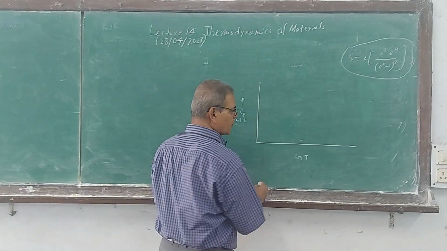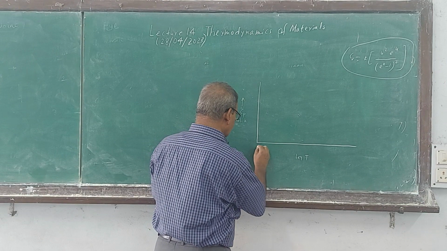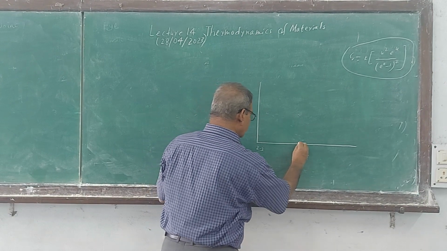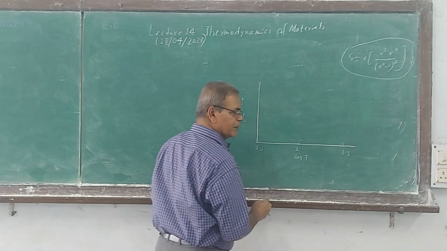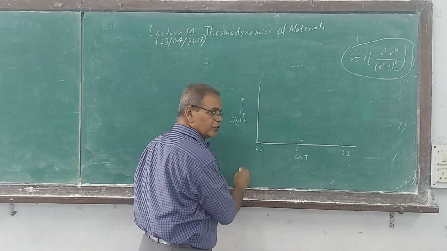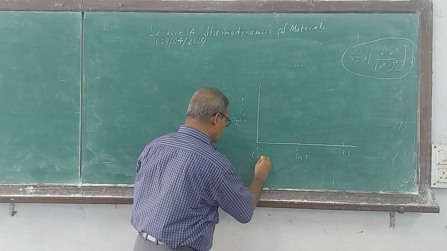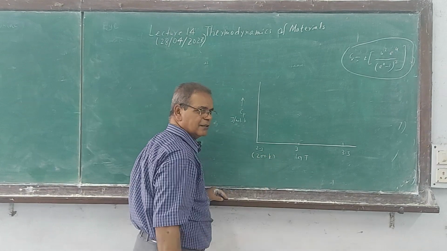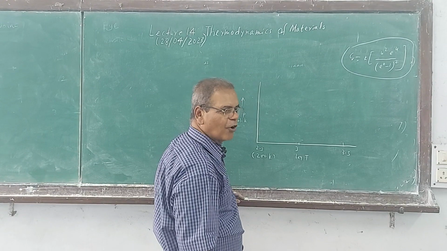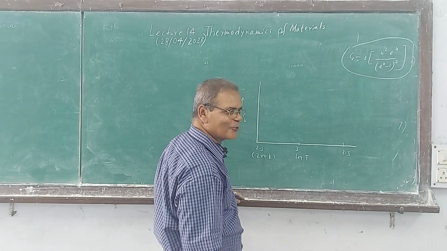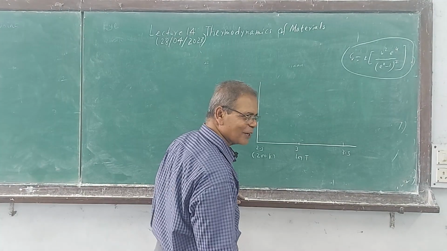What is this? Log T is 2.3, maybe 3, maybe 3.3. What temperature does this mean? Log T of 2.3 means 200 Kelvin, since log 2 is 0.3 and log 100 is 2, so 2.3 is 100 times 2, actually 200.